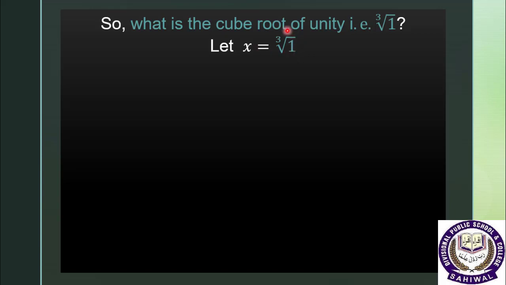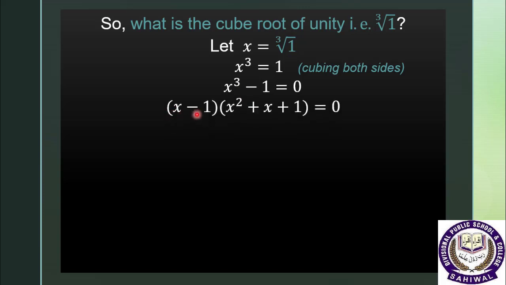To remove this cube root, we take the cube on both sides and get x cube is equal to 1. Taking this 1 from right hand side to the left hand side, we get x cube minus 1 is equal to 0. We can expand x cube minus 1 as x minus 1 into x square plus x plus 1 equal to 0.